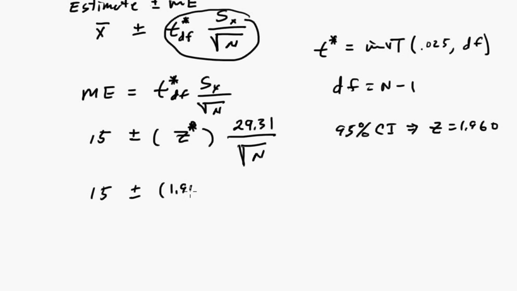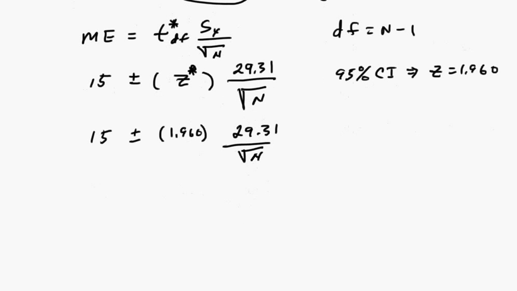So 1.960 times 29.31 divided by the square root of n. Okay, so if we solve for n, multiply everything by the square root of n, divide by 15, so this cancels.